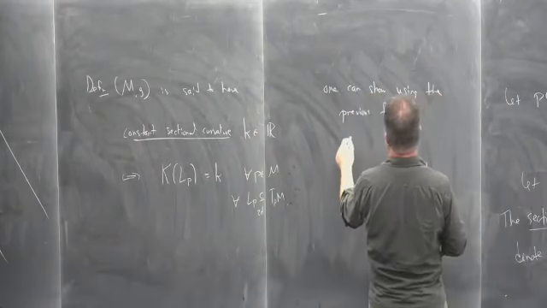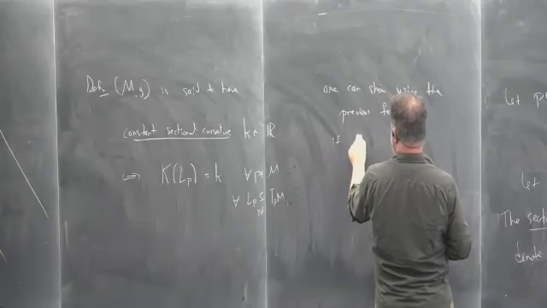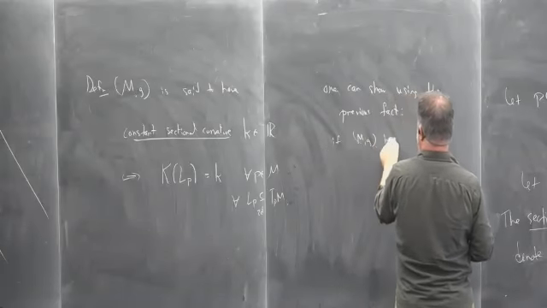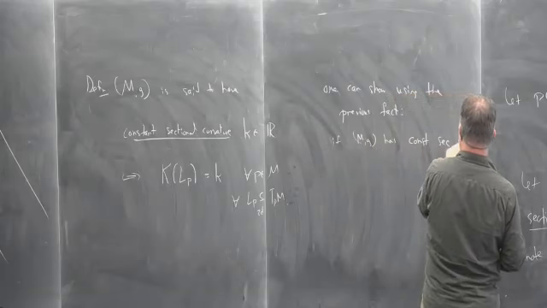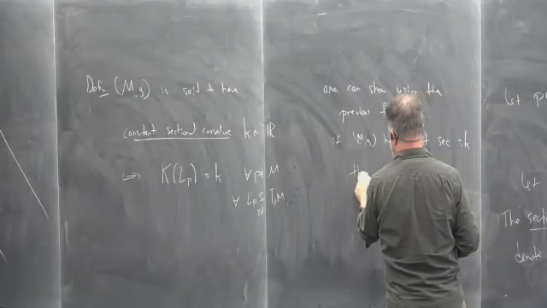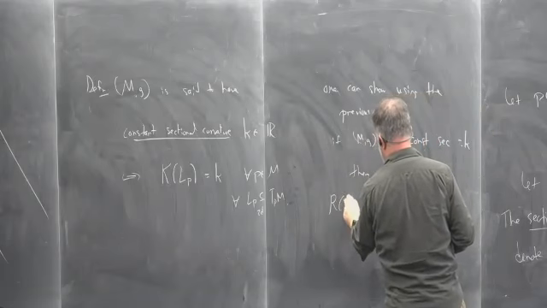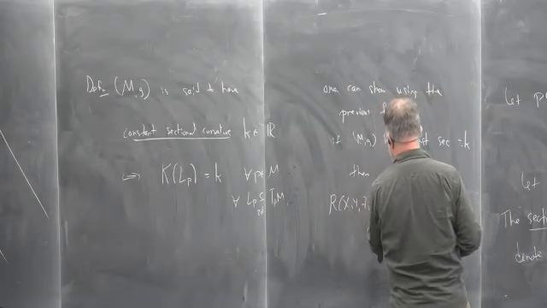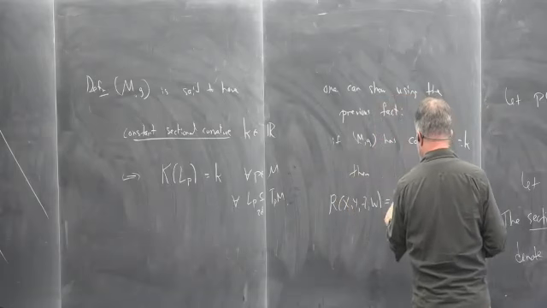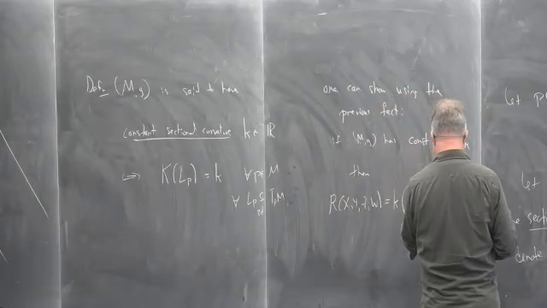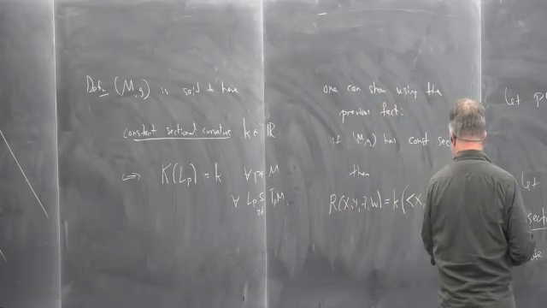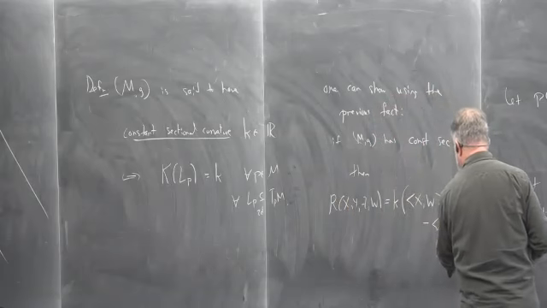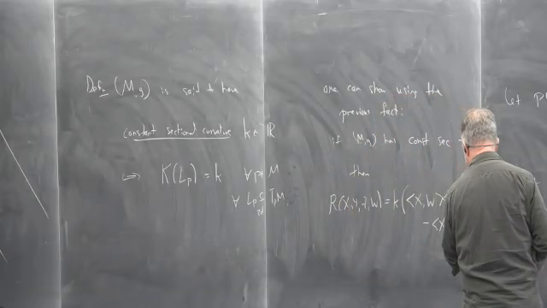You can work out that if (M, g) has constant sectional curvature equal to k, then R(X, Y, Z, W) is equal to little k times (<X, W><Y, Z> minus <X, Z><Y, W>).